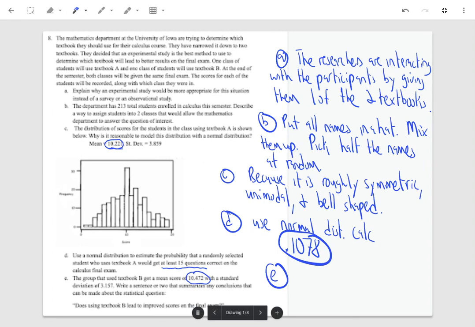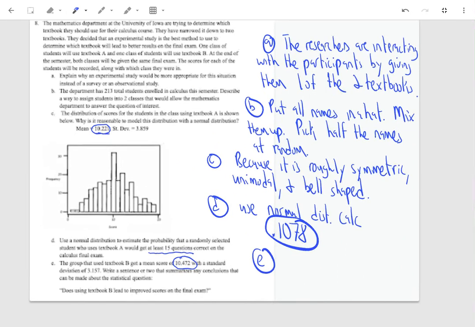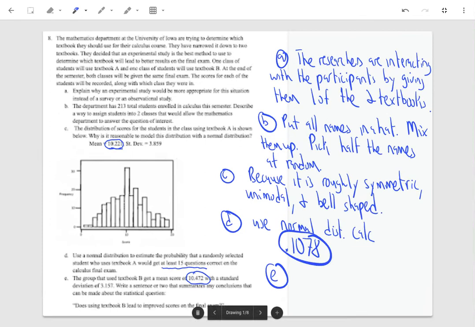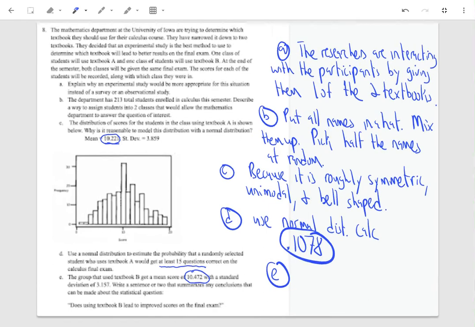Probably not. Okay, so to answer the question, does using textbook B lead to improved scores on the final exam? Can we really conclude that? And the answer is no, we can't. So we don't know whether textbook B is actually better or not.